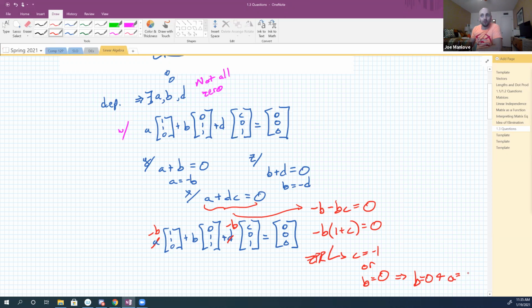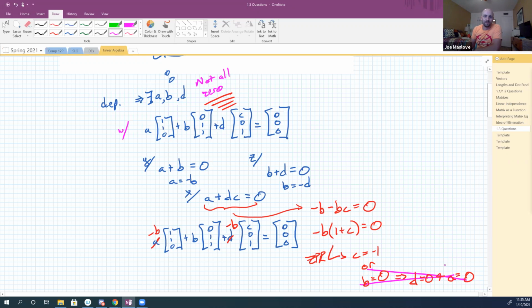Also 0. So either C is -1 or all three of them are 0. But my requirement was that they not all be 0. So this thing doesn't work.